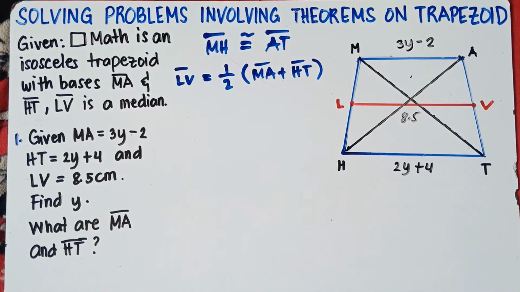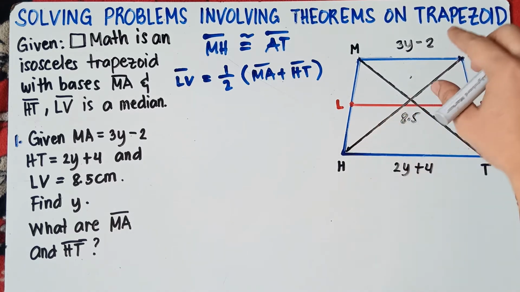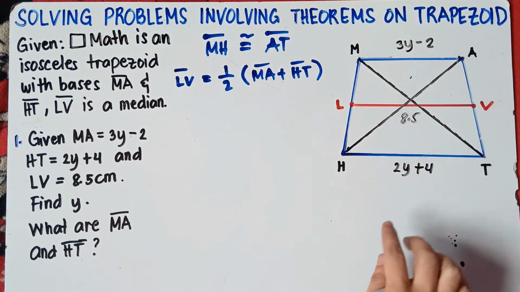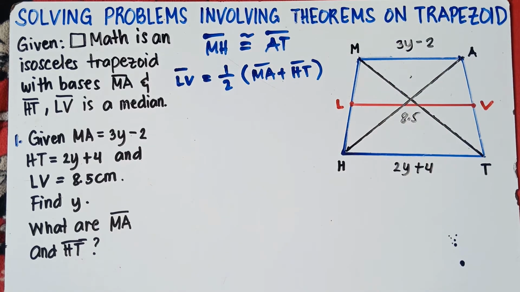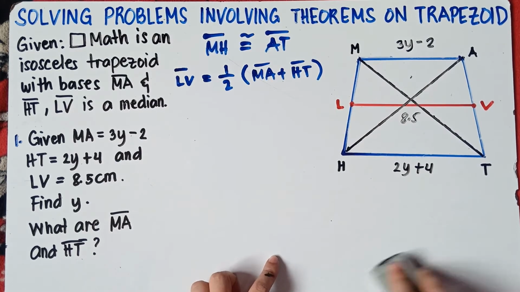That's the formula in getting the median: you add the bases, then divide by 2. That's how you find LV, class.